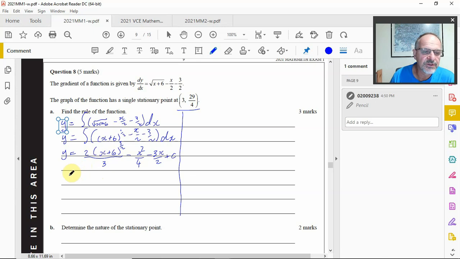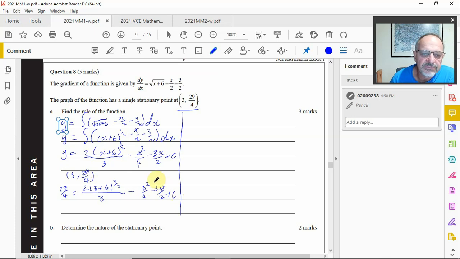When we substitute that in, we'll get that 29/4 is equal to 2 times (3 + 6) to the 3/2 over 3, minus 3 squared on 4, minus 3 times 3 on 2, plus some constant.